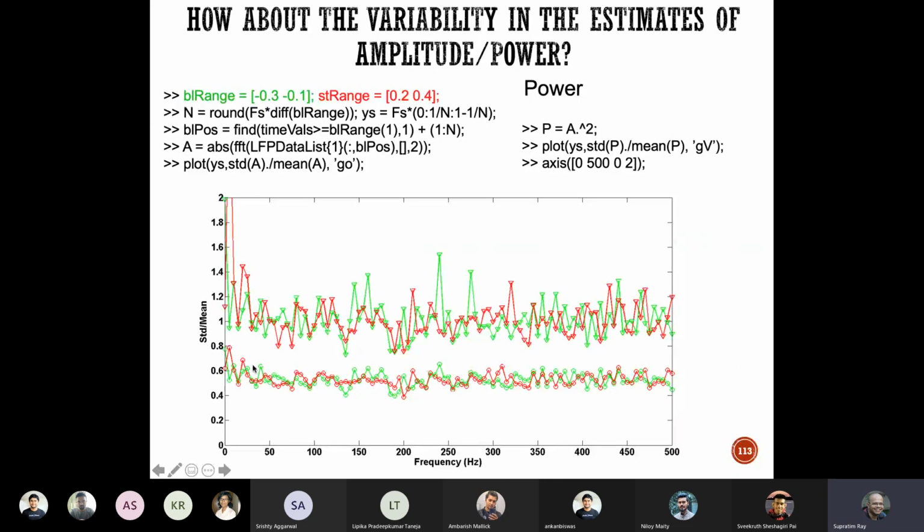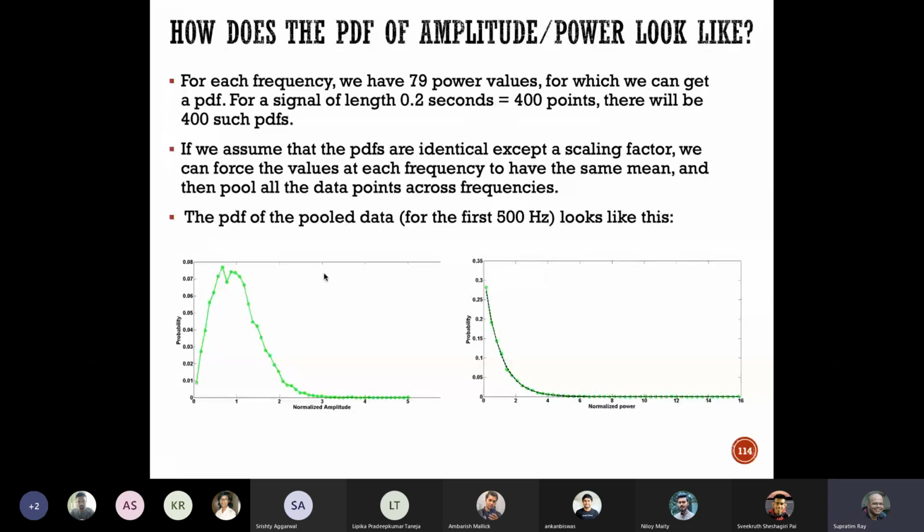What I am trying to do now is estimate the histogram of those 5,000 values, and if I did that, I would get something that looks like this.